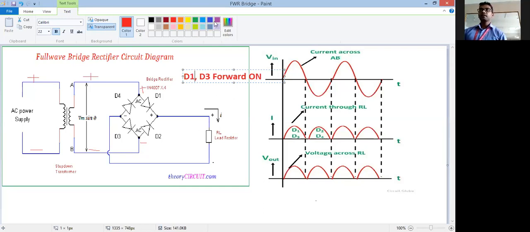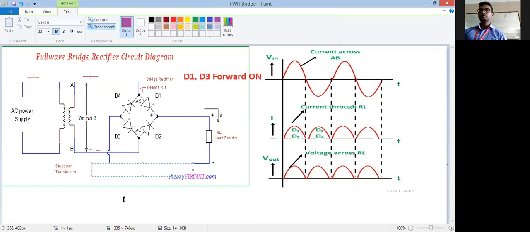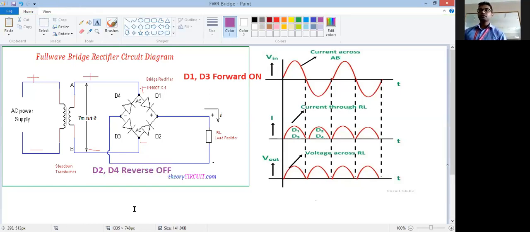And you can say here D2, D4 are reverse, hence they are off. Correct? Any doubt in this? Why is this so? Because see the terminals. Positive is here, negative is here. So obviously this D1 is forward, D3 is forward, D2 is reverse, D4 is reverse.